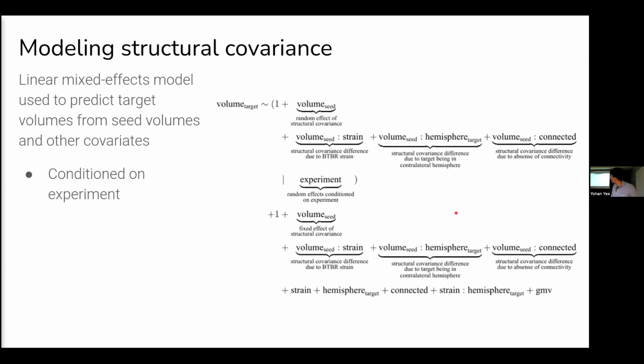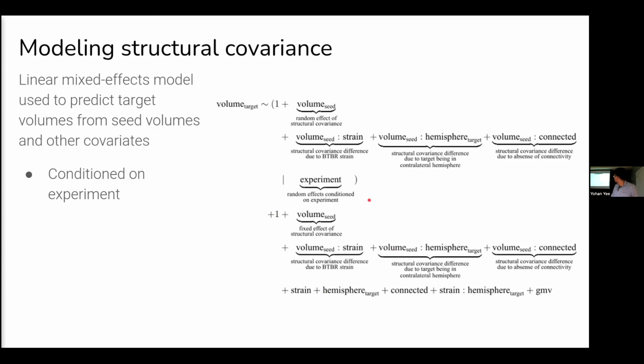I've put the model here in the R programming language formula notation. It's a bit involved, but the idea that I want you to take away from this is we're essentially modeling the volume of the target as a function of the seed region volume and intercept, strain-related terms, hemisphere-related terms, and terms that relate to whether the target is connected to the seed or not.